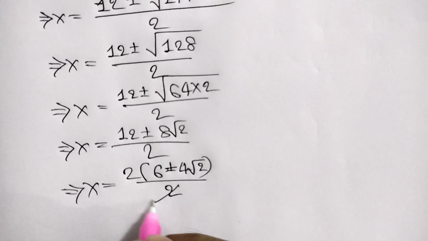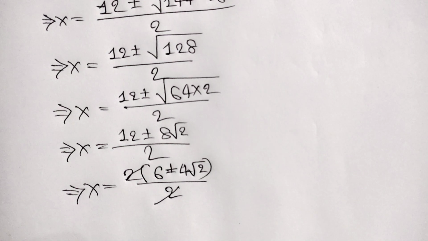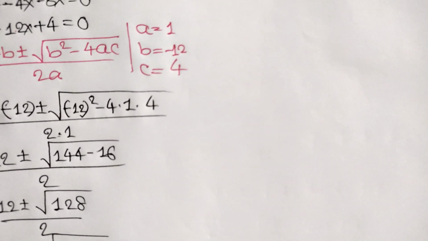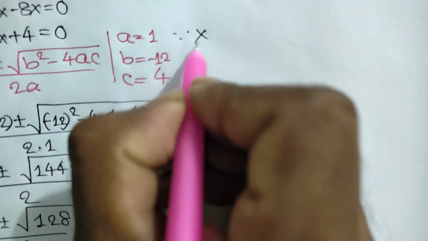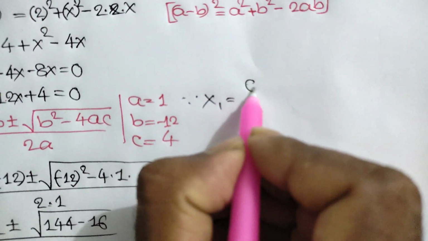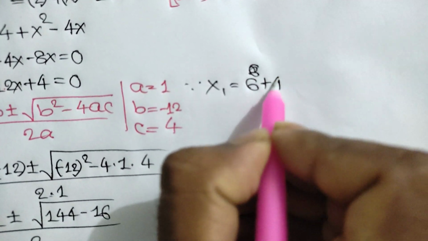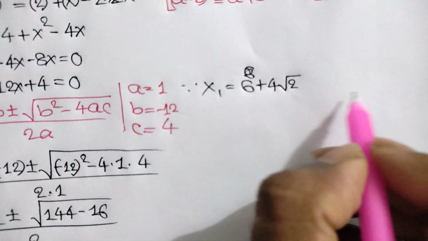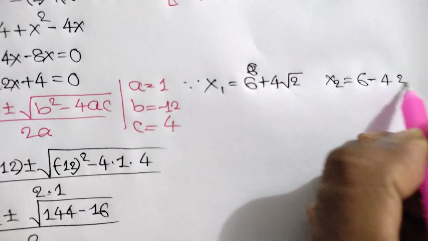There are two values of x because of plus or minus, so we can write the first value x1 is equal to 6 plus 4 square root of 2, and the second value x2 is equal to 6 minus 4 square root of 2.